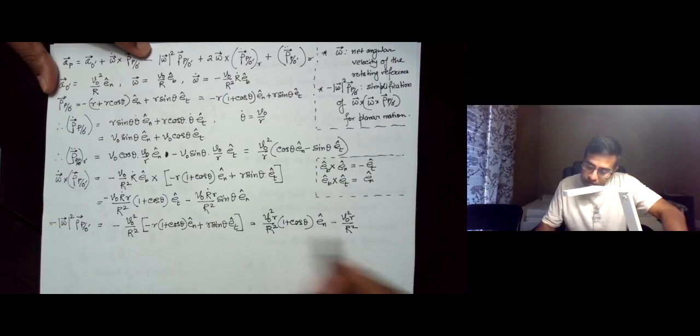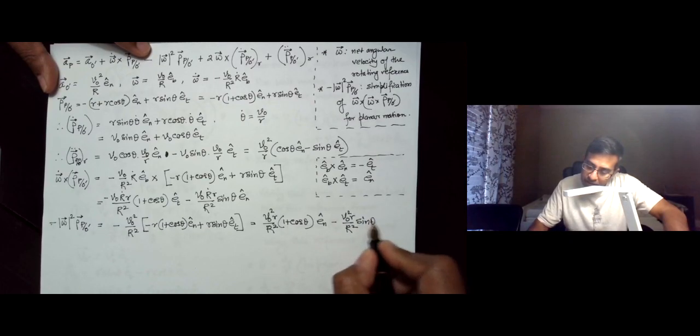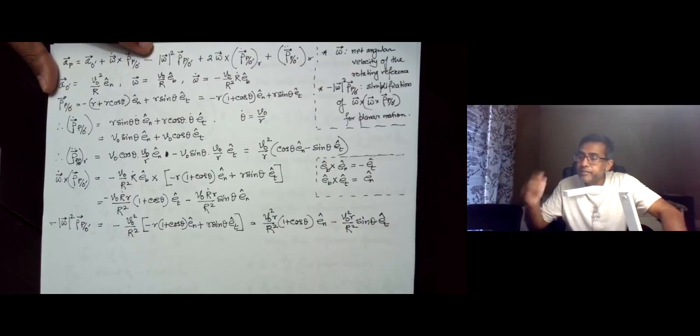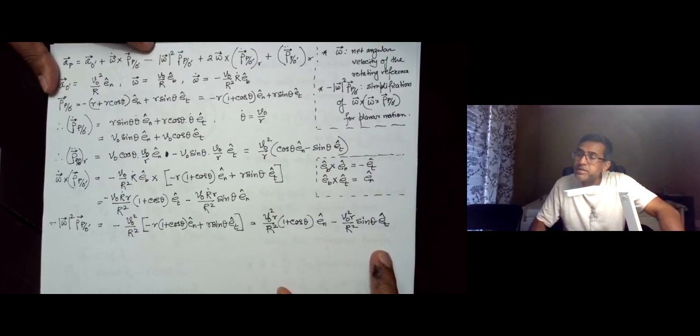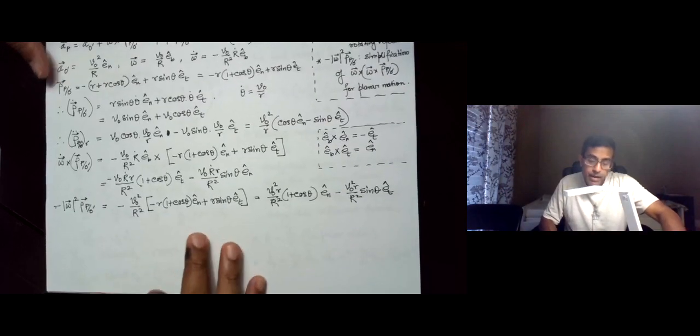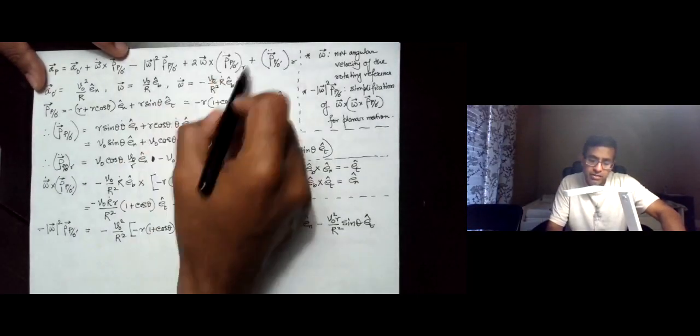So capital R square in both terms sine theta Et. And let me just see if I have incorporated the signs correctly. Yeah, okay.